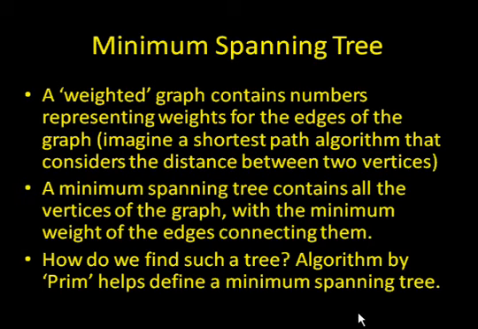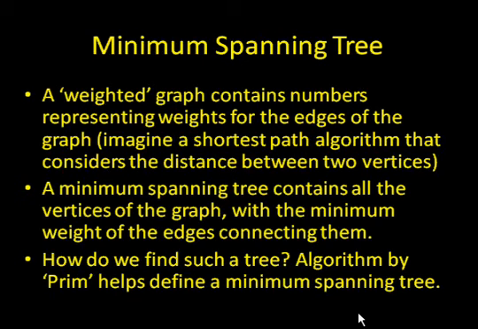Now another topic is a minimum spanning tree. If a graph is weighted, that means it contains numbers that represent weights for the edges of the graph. A logical application of this is a shortest path algorithm that also considers the distance between two vertices, as opposed to the number of vertices in between.